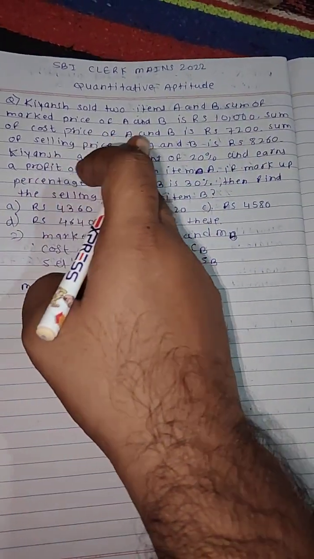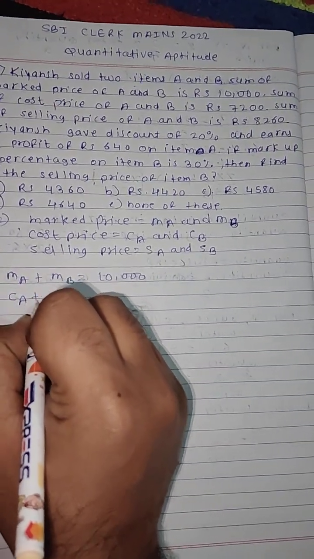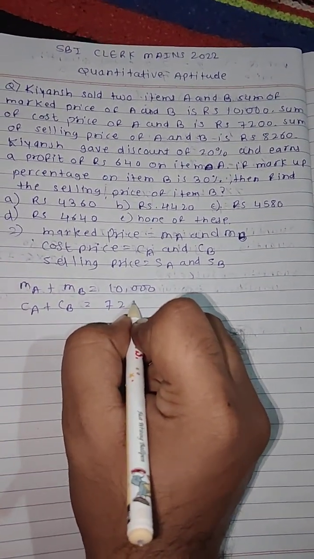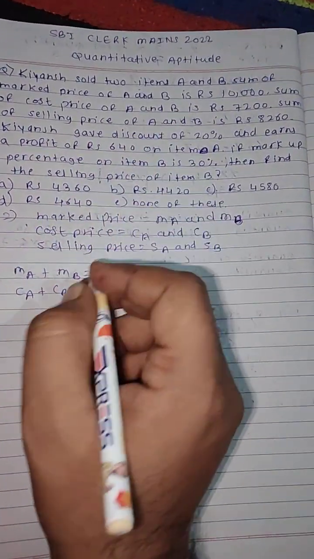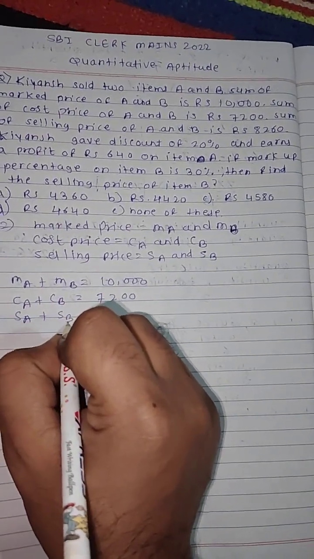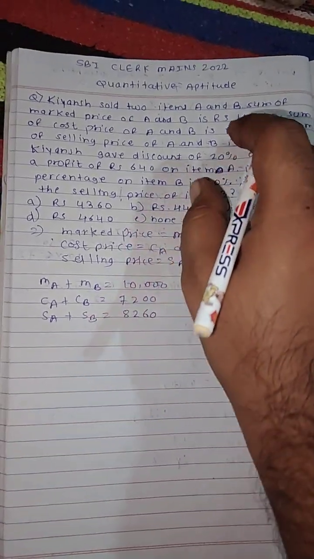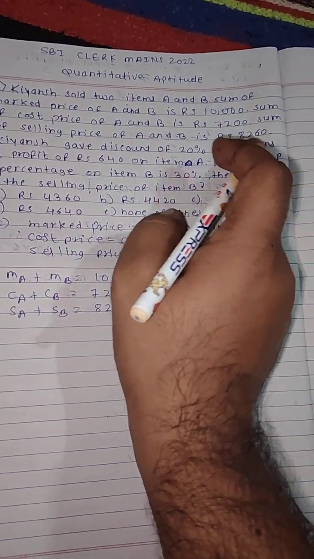Next, the sum of cost price of A and B is 7,200, so CA plus CB is 7,200. Next, they have given the sum of selling price of A and B, so SA plus SB is 8,260.